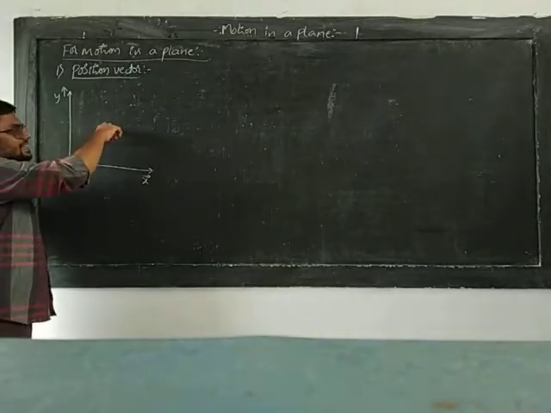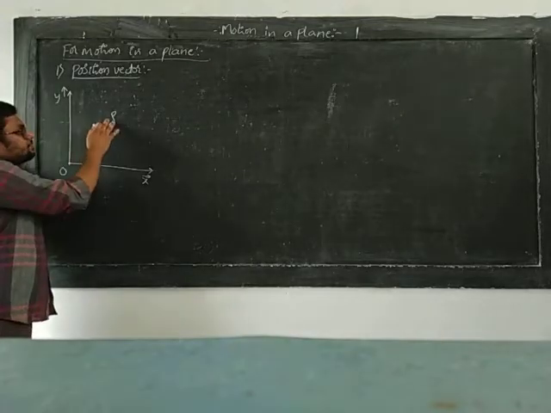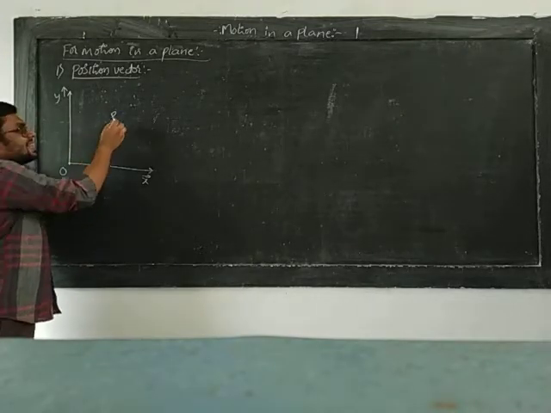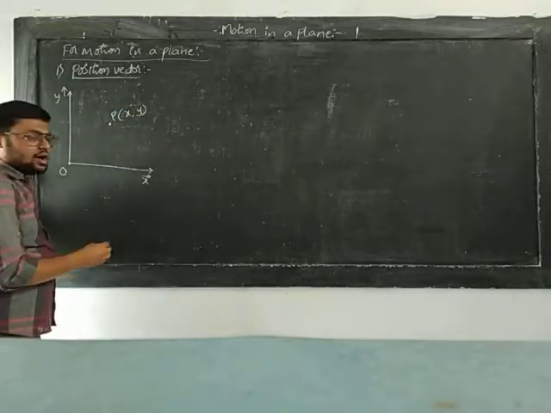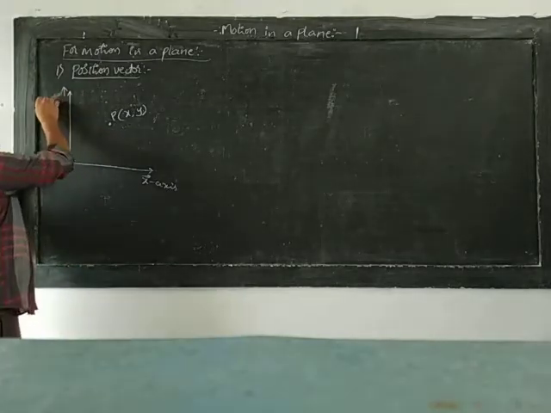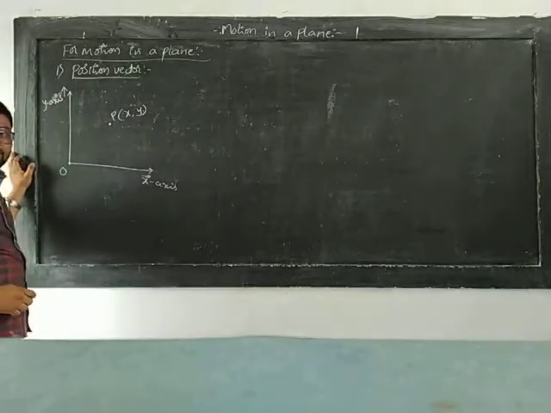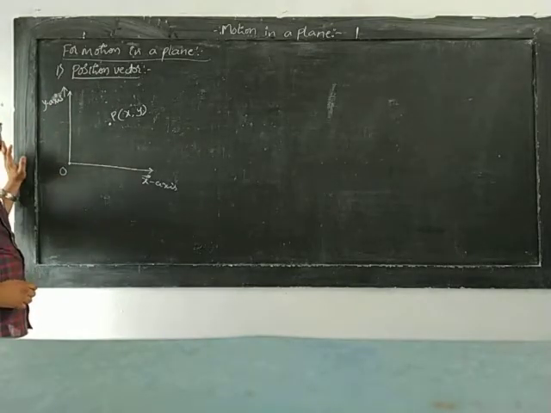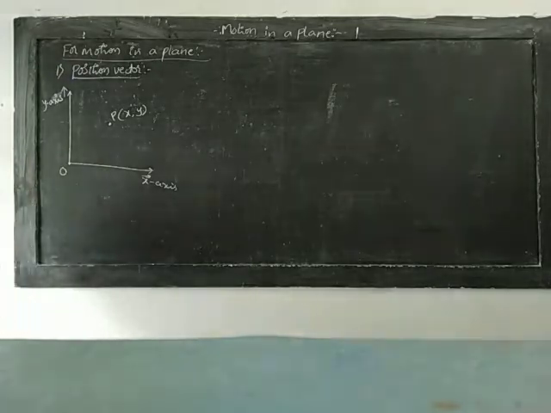So let us consider this position as P. And with respect to this position, the coordinates I am going to consider as x comma y. Right? So here P is the position of the object with the coordinates x and y.